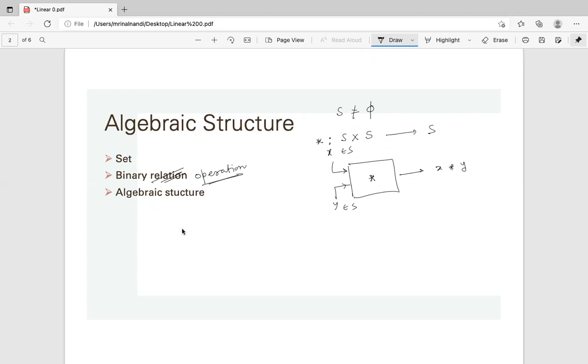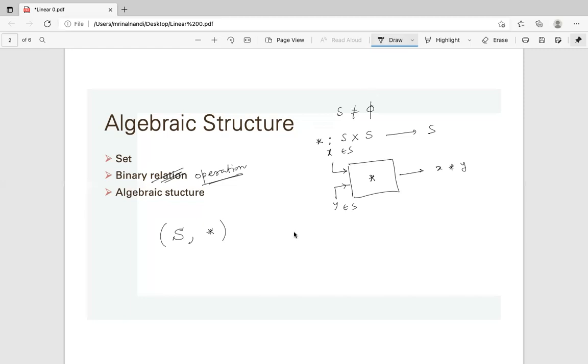Now, the simplest structure is that you start with S, a non-empty set, and a binary operation. Just a set and a binary operation, but that binary operation must satisfy some equation or relation.